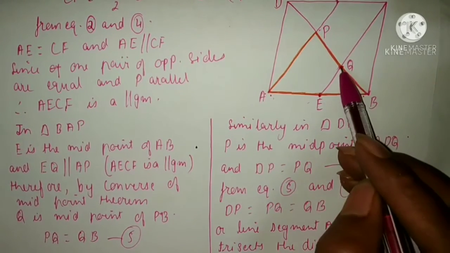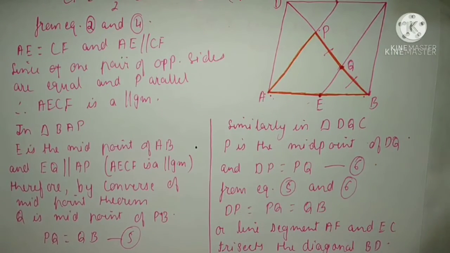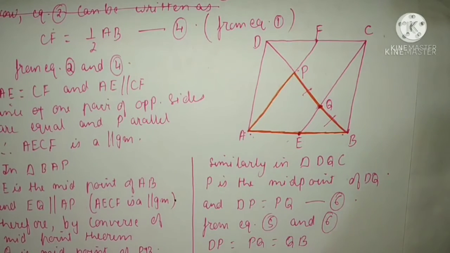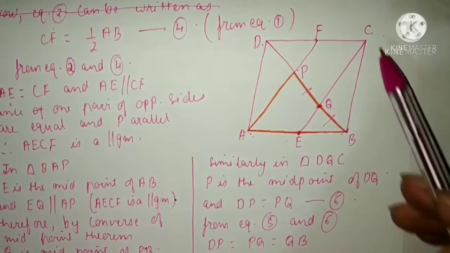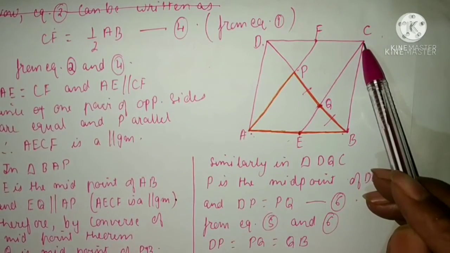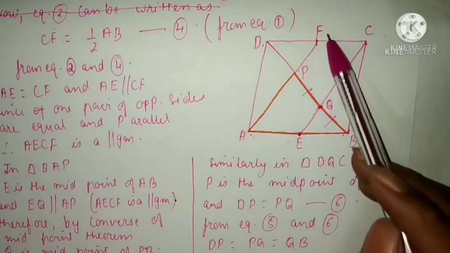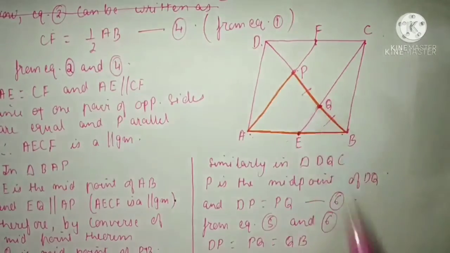Now if this is the midpoint, then these two parts will be equal. So we can write PQ is equal to QB and name this as equation number 5. Now similarly in triangle DQC, in this triangle also F is the midpoint, okay, and these two lines are parallel, that means P will also be the midpoint of this DQ.